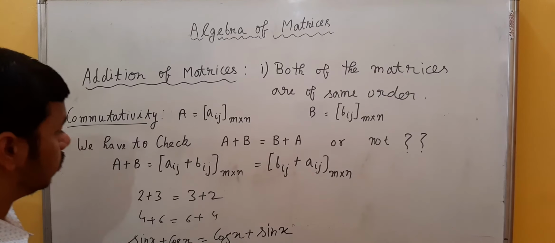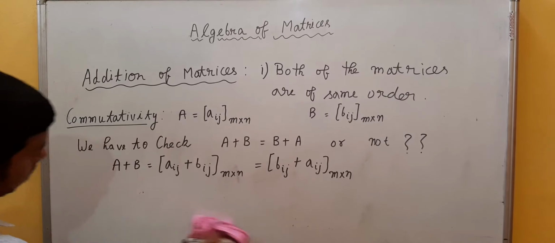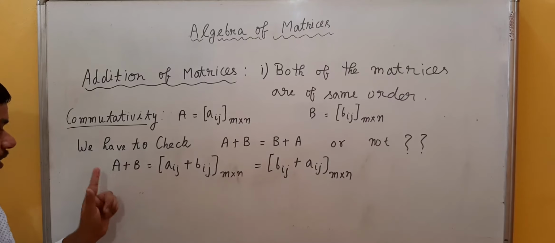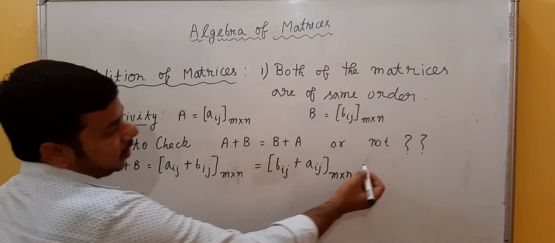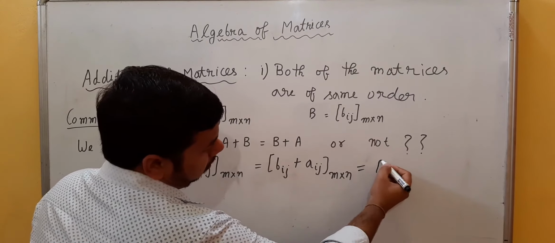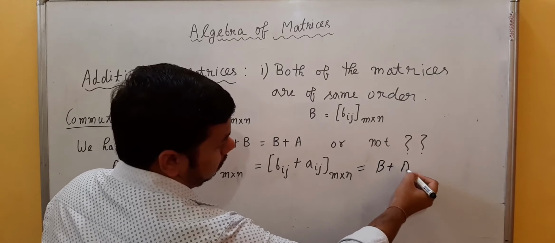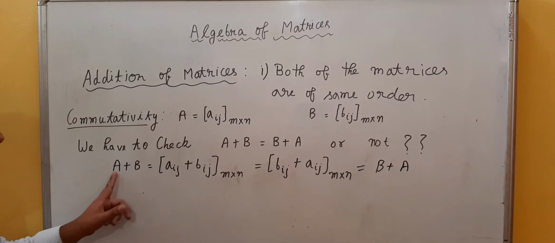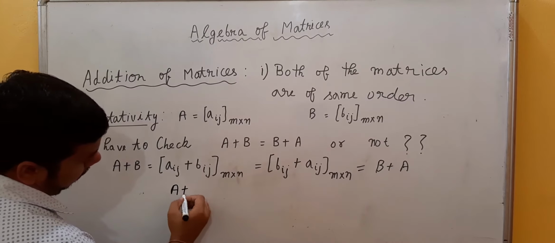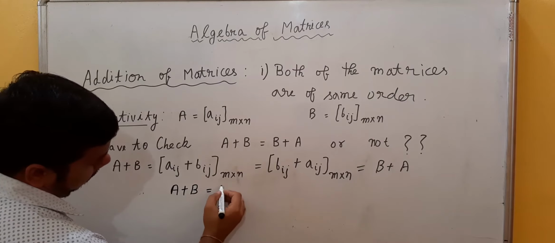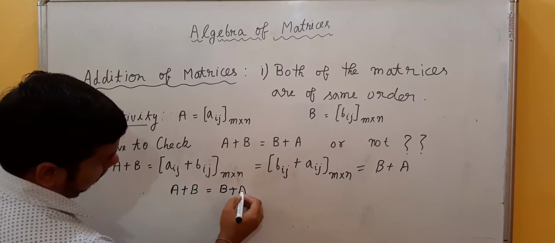Right? So, if Aij plus Bij is equal to A plus B, then Bij plus Aij is equal to what? Simply, it will be equal to B plus A. Means A plus B is equal to B plus A. Right?